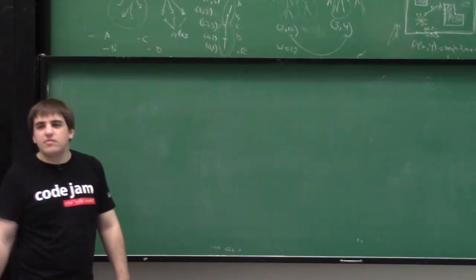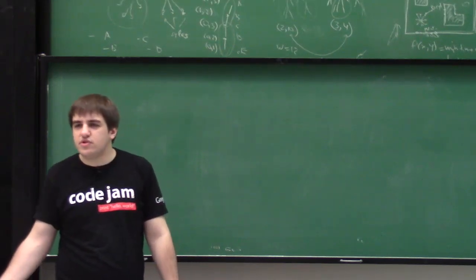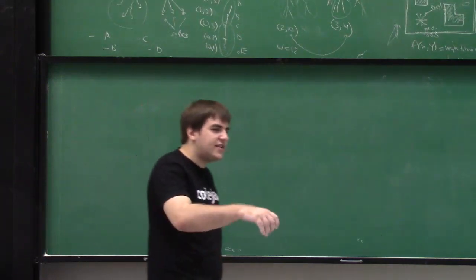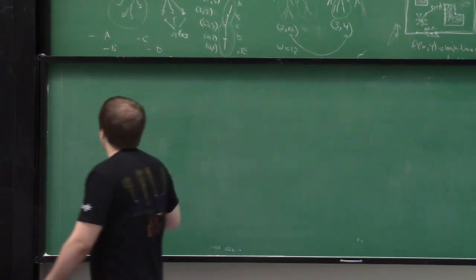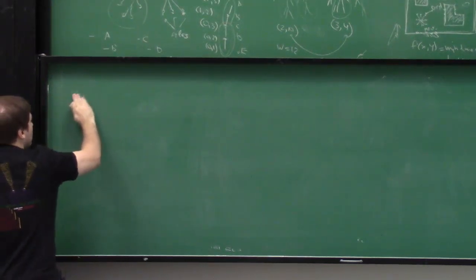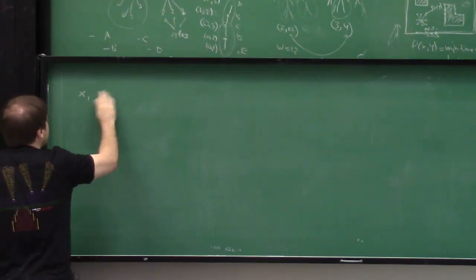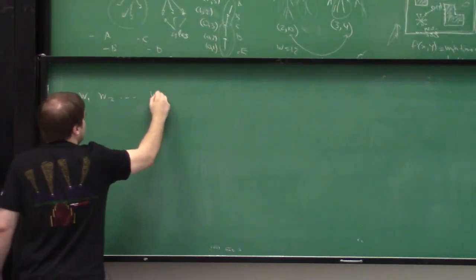I think most of you should have yesterday's paper with you, so you can just look at it. For those who don't have it, the problem looks like this. Suppose that you have a set of weights, w1, w2, and so on, wn.